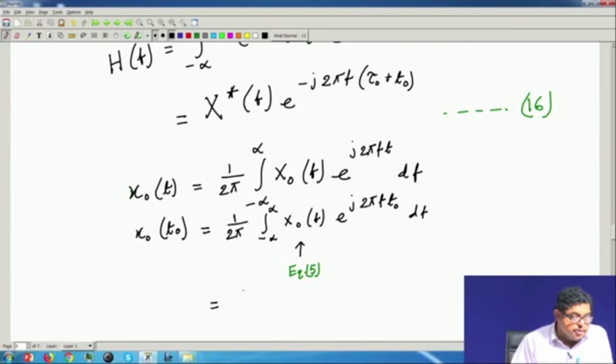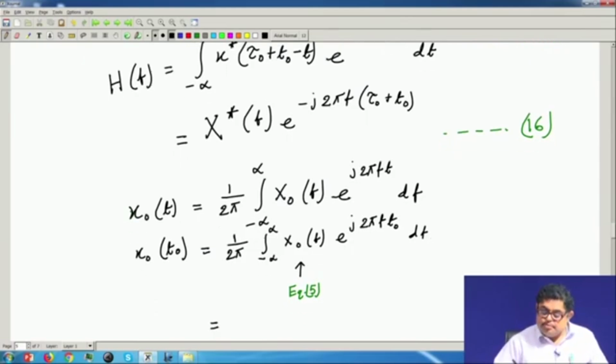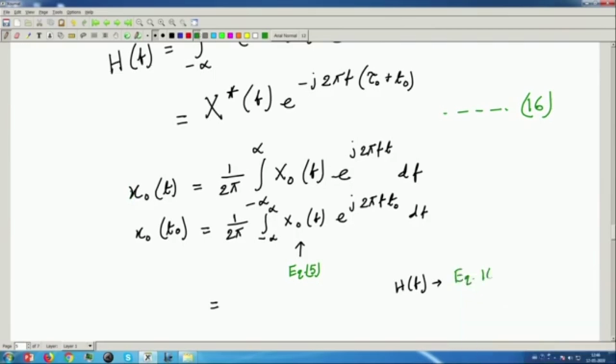is this equation 5. If you see your notes, you will see that it will involve H f, the matched filter's transfer function, and that H f is just now given in equation 16. So I will say put this value, H f's value from equation 16.